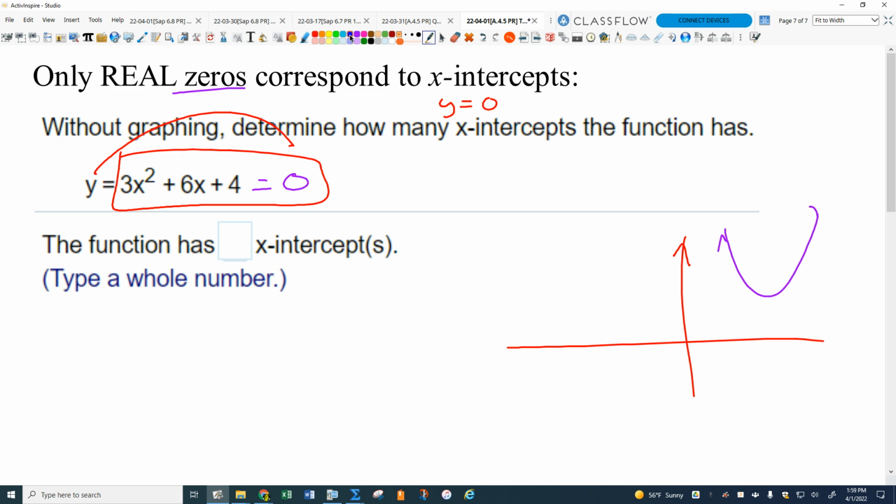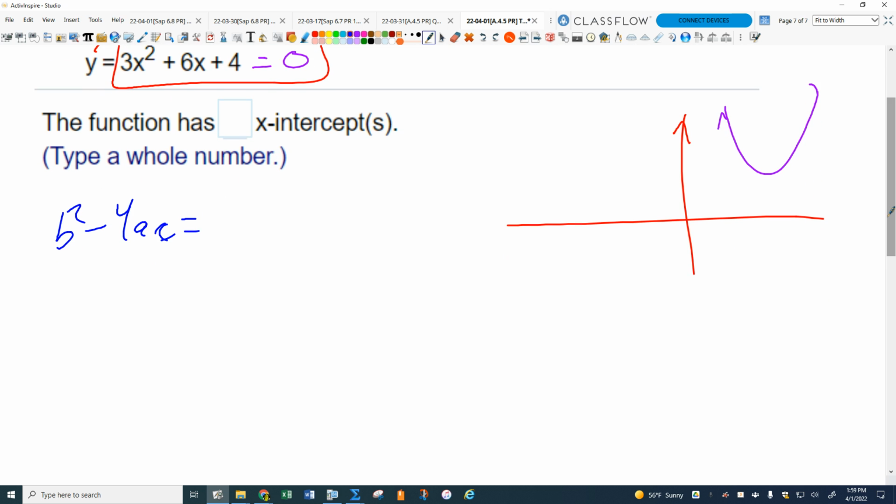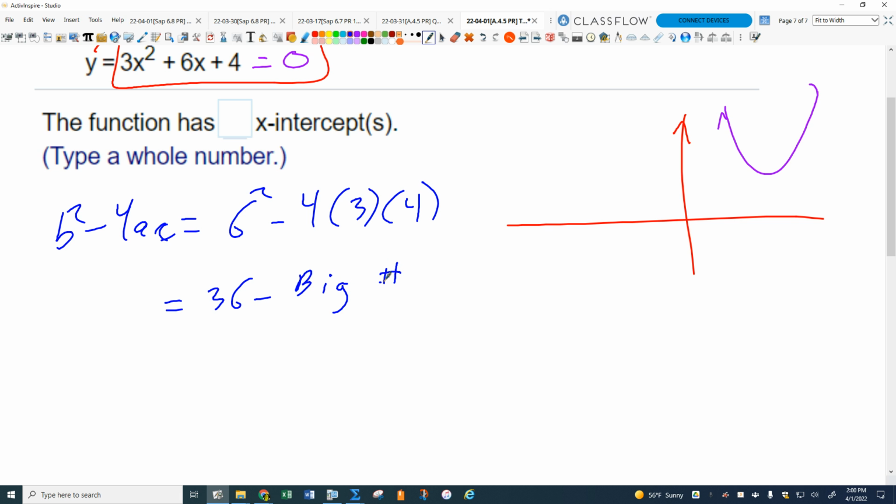So when we calculate the discriminant, b squared minus 4ac, what's that going to give us? 6 squared minus 4 times 3 times 4. Okay, the way I see that is 36 minus some big number, right?